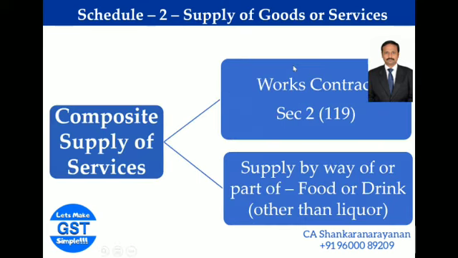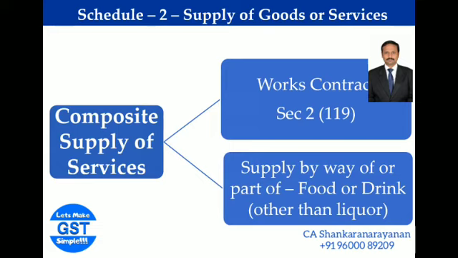Moving to the next aspect, the key part, which we will be dwelling on for the next 15-20 minutes, which is the aspect of composite supply. What is a composite supply? A composite supply is defined in the provisions of Section 2 of the CGST Act.